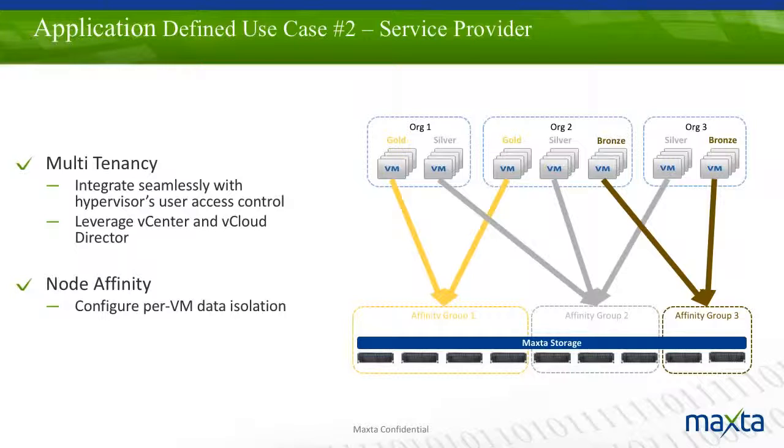So what this node affinity piece does from a Maxta perspective is allow us to take the underlying data and fence that into some subset of nodes as well. So if I had different affinity groups here and I didn't want particular users' data to be able to spill out onto a different tier that you've defined, then we can actually set that up, and I'll show that in the demo here in just a second.